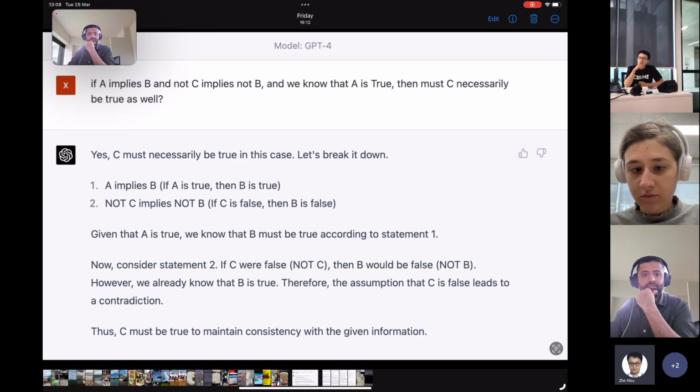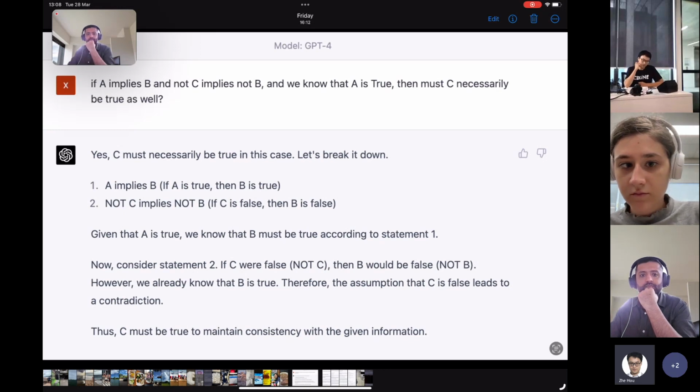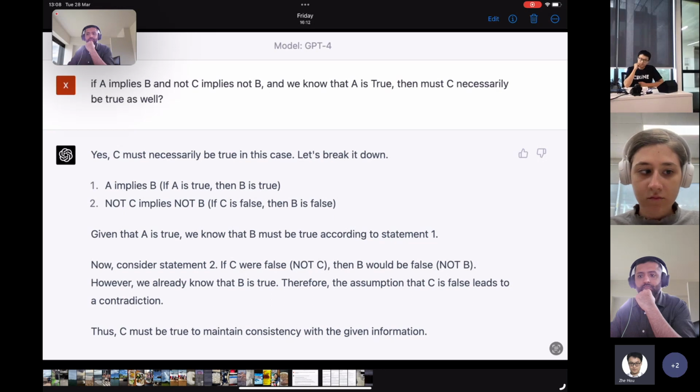Then we tried to ask Bing, which allegedly used GPT-4, and it gave the wrong answer as well. But then I heard that, although Bing's chat was using GPT-4, it wasn't giving the same answer as the GPT-4 version of ChatGPT.